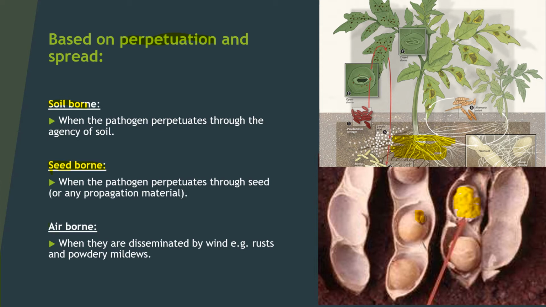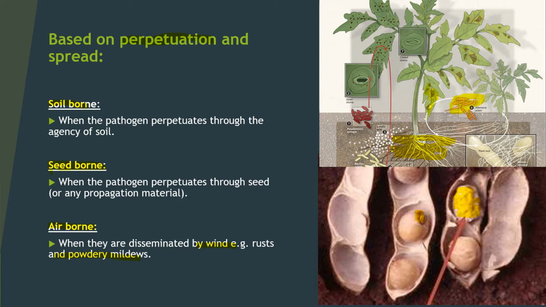Then airborne diseases. Airborne diseases are mostly disseminated by the wind, like the rust fungi and the powdery mildews. They are spread through the wind. Here you can see Alternaria alternata infecting the leaves of the plant. It causes diseases on many vegetable crops and many crop varieties.